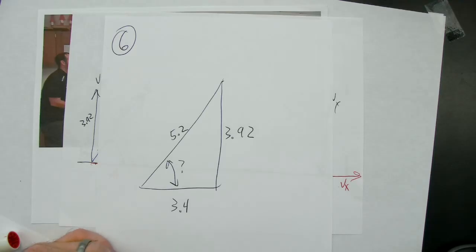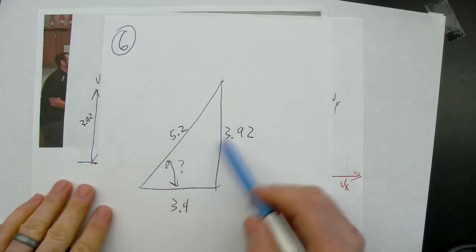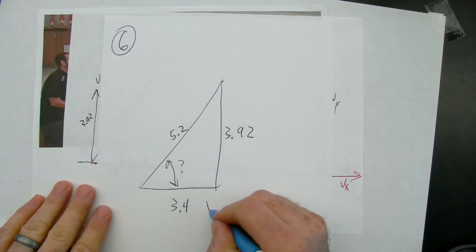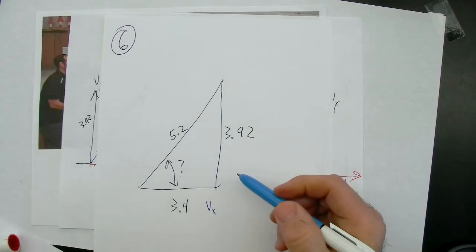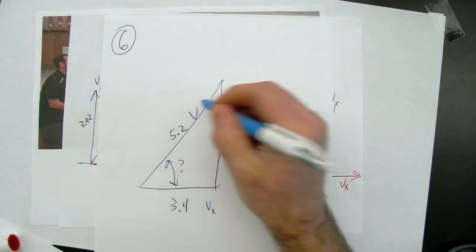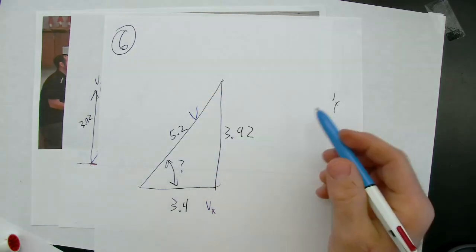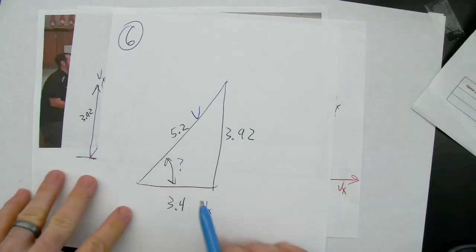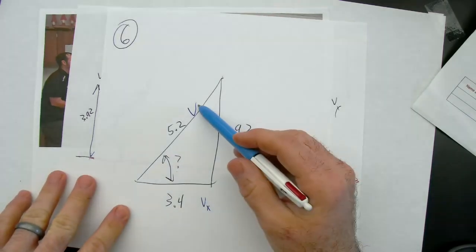And to do this, I've just redrawn this here. Basically we're trying to solve for this angle. This is your velocity on the x-axis, and this is your actual velocity. The easiest way, I think, is just to use an existing equation we have that connects these two relative to the angle.